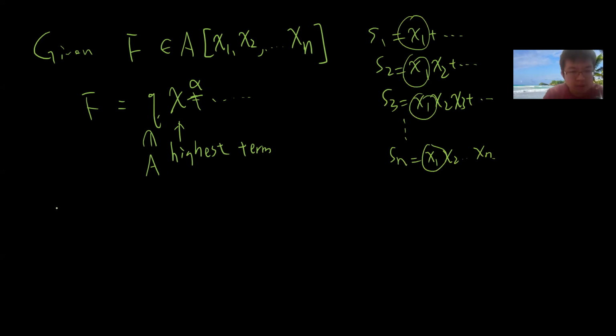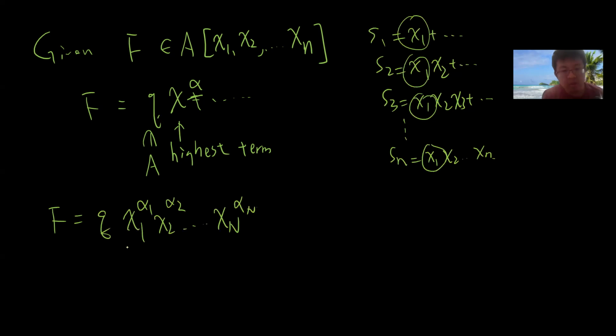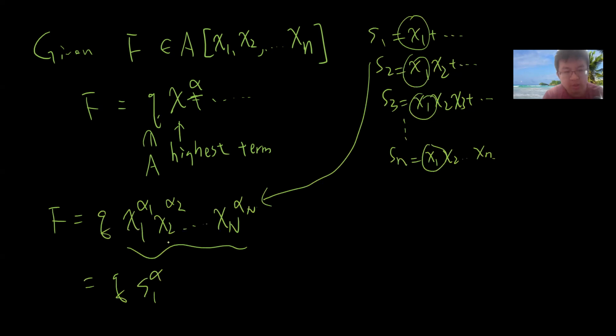So I can write the leading term as q x1^alpha1, x2^alpha2 up to xn^alphan. Now I try to make this match with the highest term. So what should I do? I can make this q in terms of s1, so x1 goes to the highest power, s1 to alpha1, and x2 needs to contribute another, so s2.